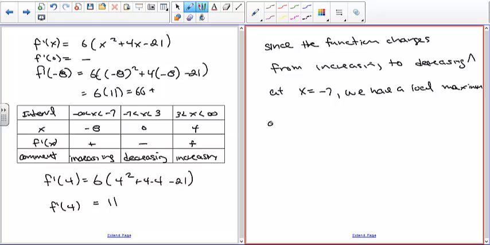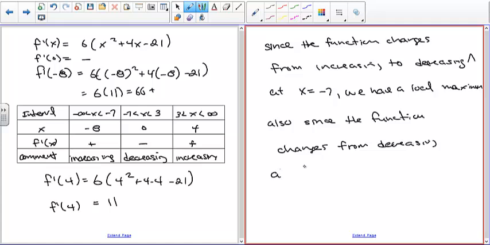And then also, since the function changes from decreasing, here's decreasing, to increasing at x equals 3, that's the other critical point.